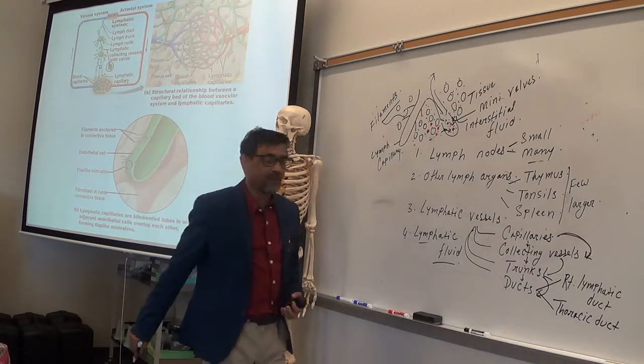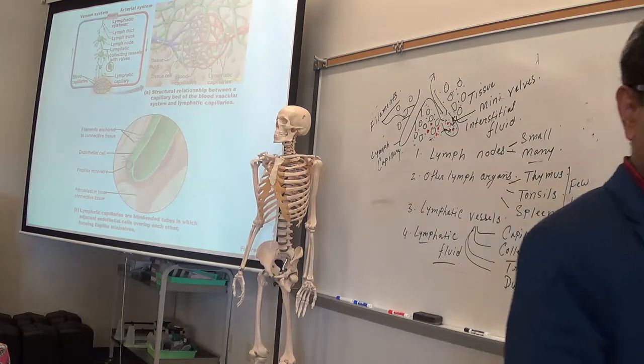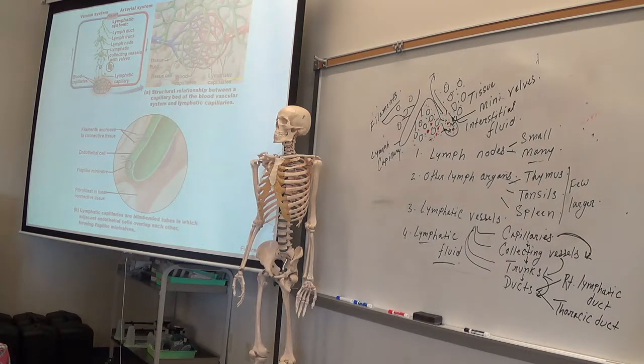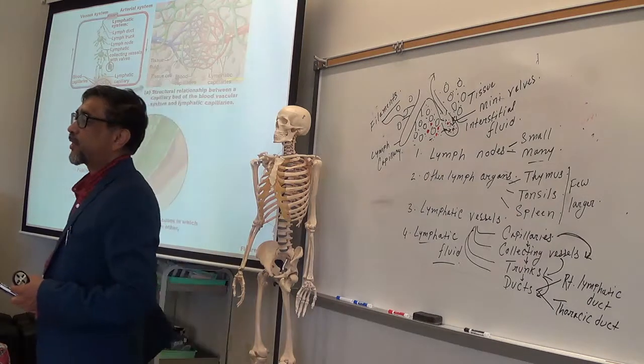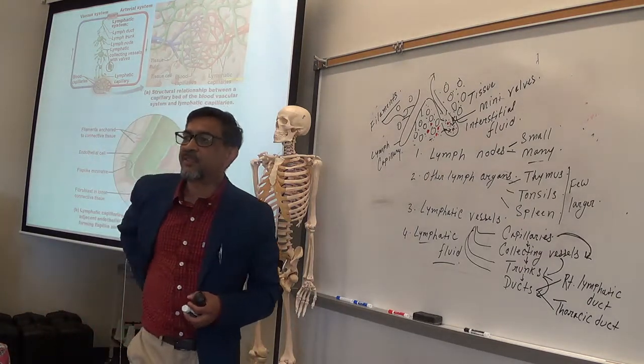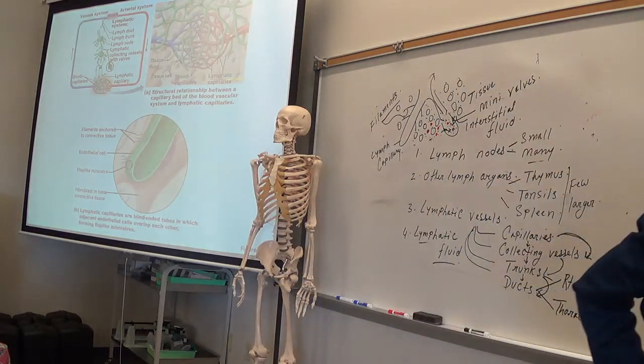So these are the two largest lymphatic vessels that collect the lymph finally. The right lymphatic duct is smaller than the thoracic duct. The thoracic duct is much larger than the right lymphatic duct.